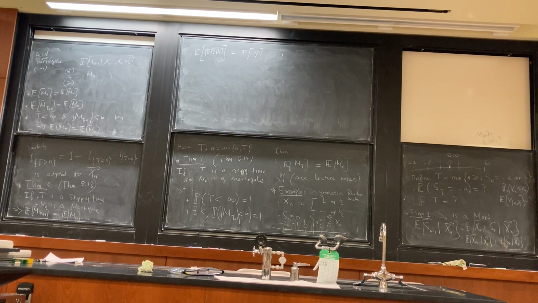And so this Xn plus 1 is independent of the past. So this random variable is just a constant, which is the expected value of Xn plus 1.